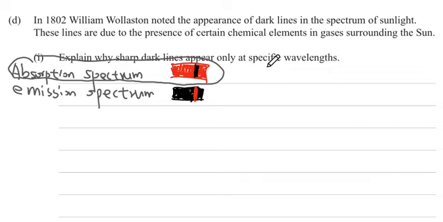That is because when light with a certain frequency shines on the gases, we don't know what gases they are, it is going to be absorbed by the electrons of this certain element. So this kind of color is going to be absorbed by the electrons of this gas, so that we can see the dark lines.